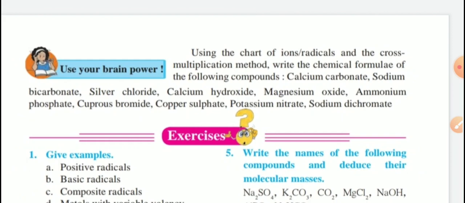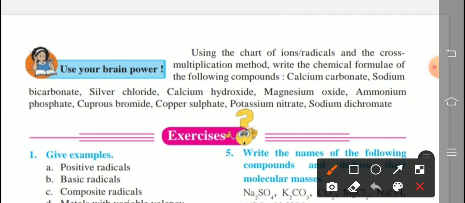Using the chart of ions or radicals and the cross multiplication method, write the chemical formulae of the following compounds. One example is given: calcium carbonate. So calcium and carbonate, you take these two radicals and write the valency below them, and after cross multiplication you get the answer.